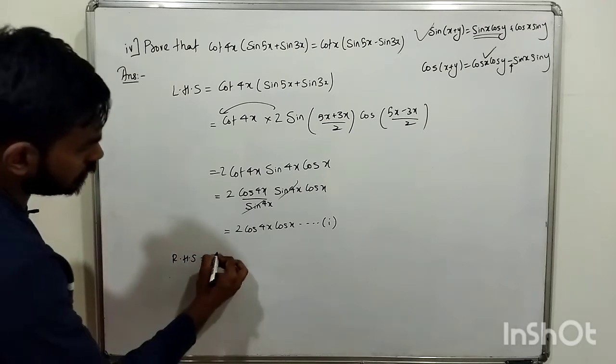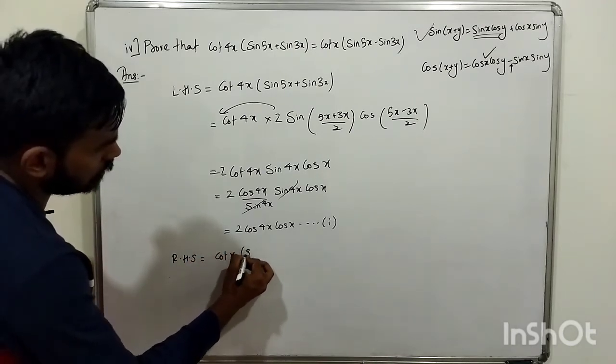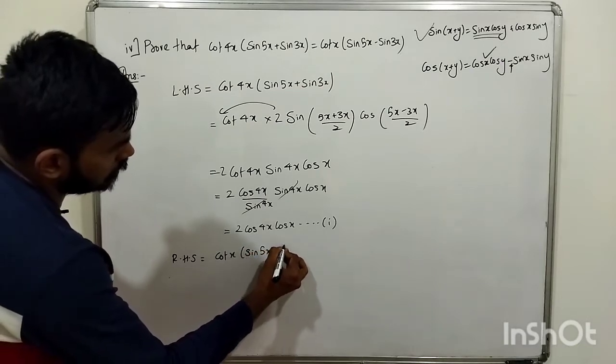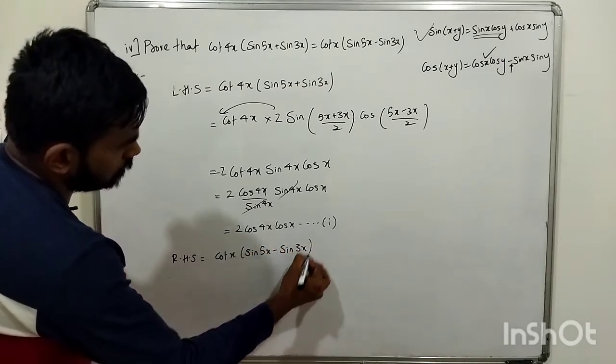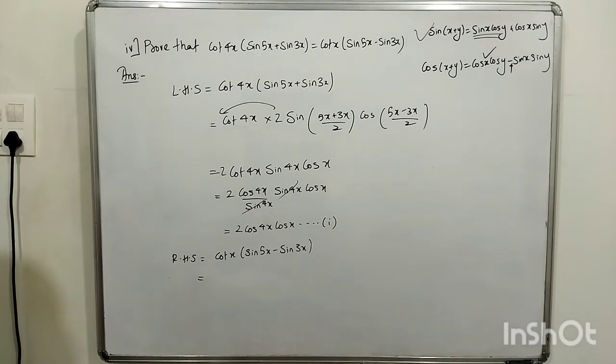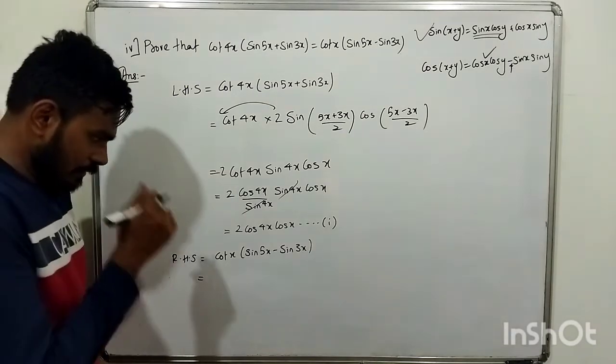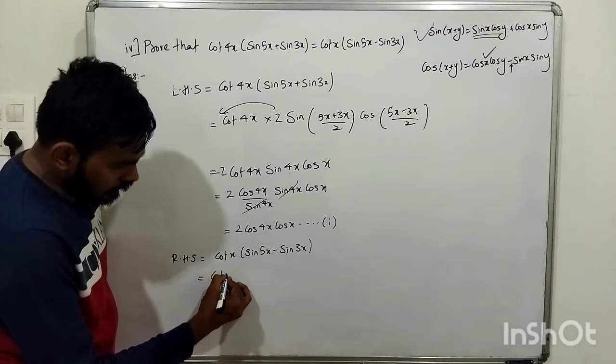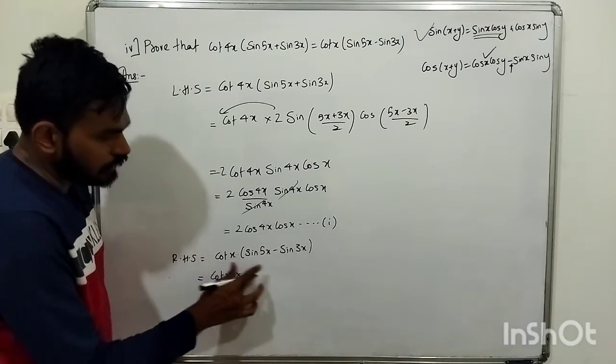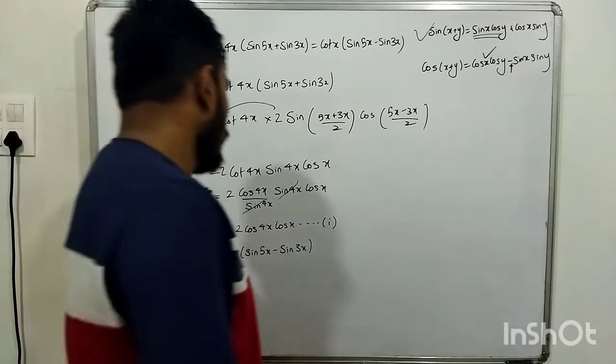We have cot x into sin 5x minus sin 3x. So cot x I'll write as it is, and I'll use the formula for sin x minus sin y.